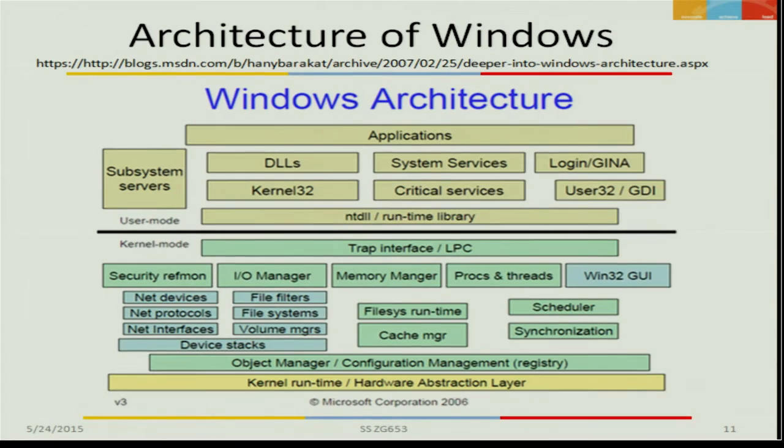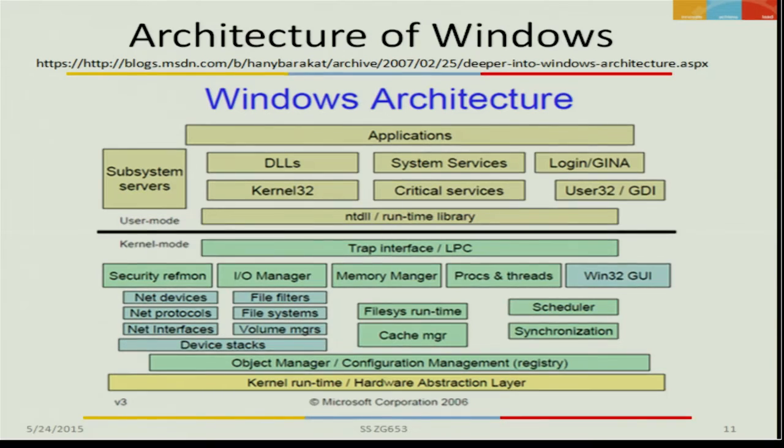If you look at it, there are modules like kernel runtime or hardware abstraction layer, which is at the bottom. Then on top of that there is the object manager. Then there are other components. There are device drivers, device handlers like net devices, net protocol handlers, file filtering systems, volume managers, device tags, and so on.